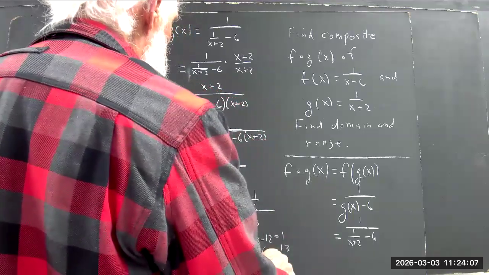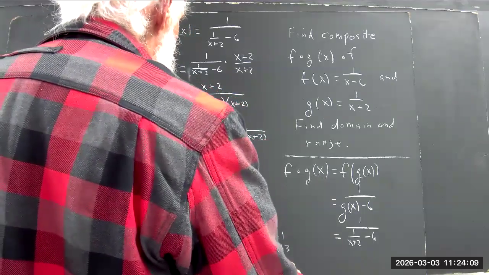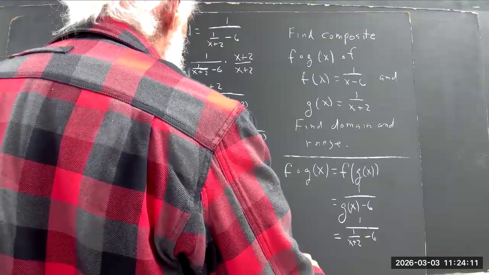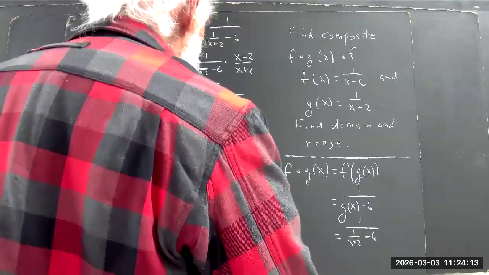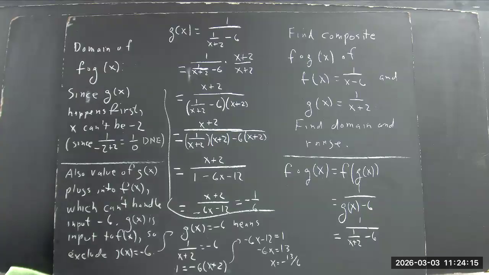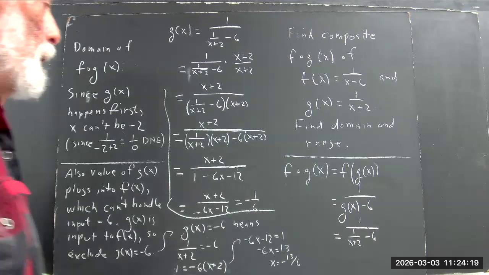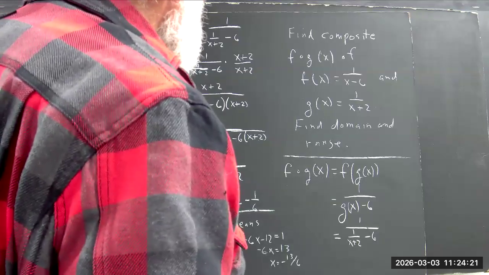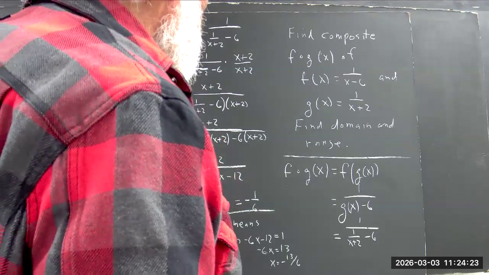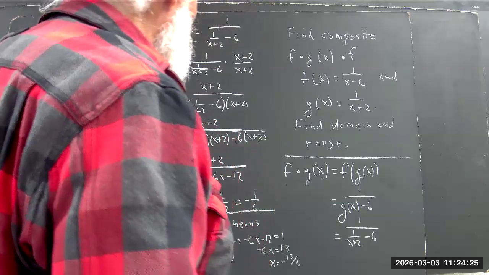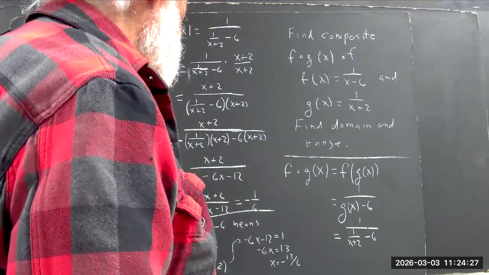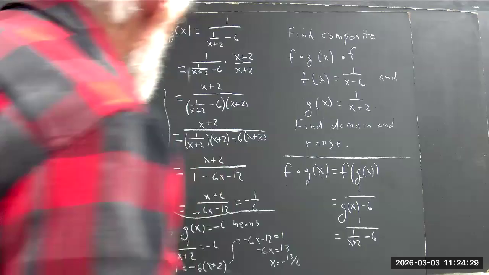I'm skipping steps. Which gives us x equals negative 11 over 6. If x equals that, then the value of g of x, and let's check that out, is going to be, well, that can't be. Something's wrong here.